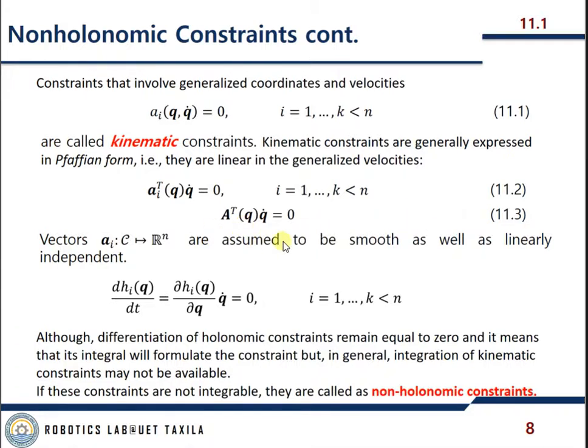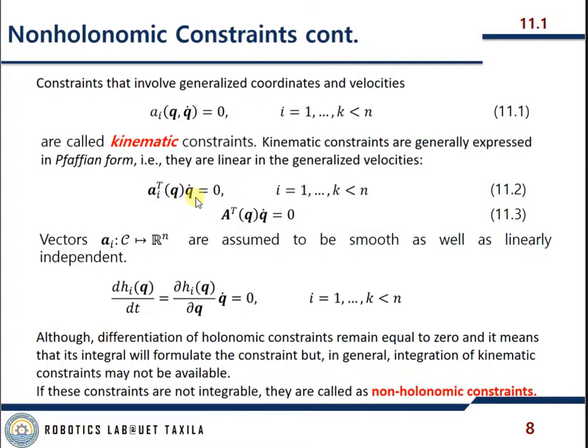This one is the constraint, A transpose Q multiplied with Q dot is equal to 0, which roughly means that in a certain direction you cannot move with a velocity. So that's what it is trying to describe. Just like that, you cannot move your bicycle sideways.